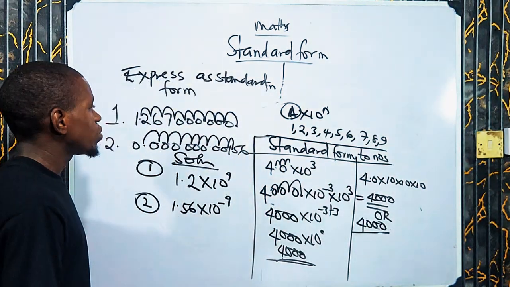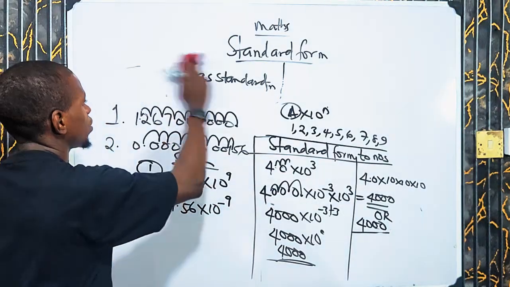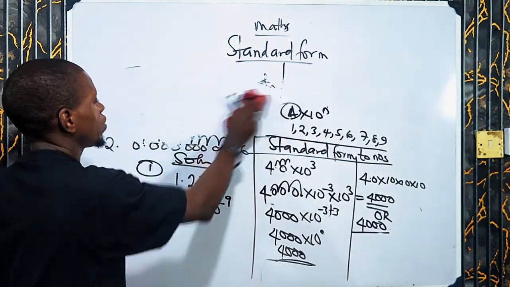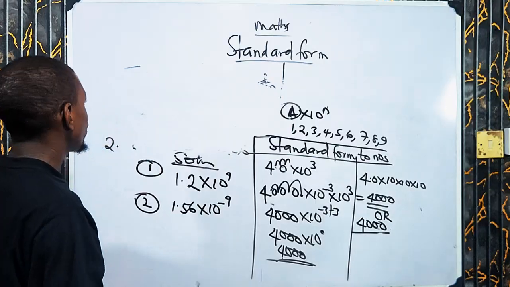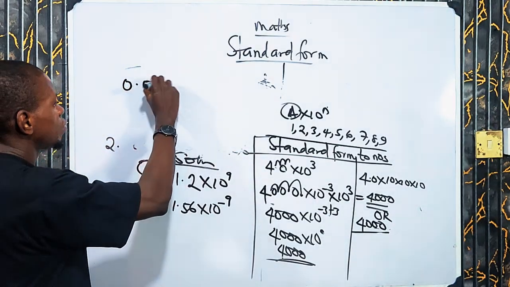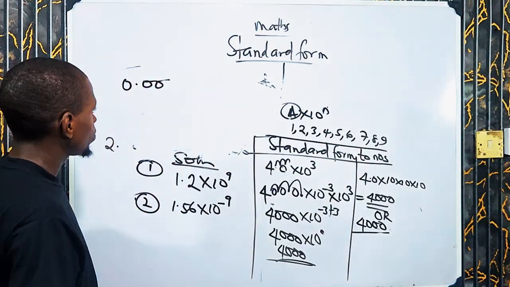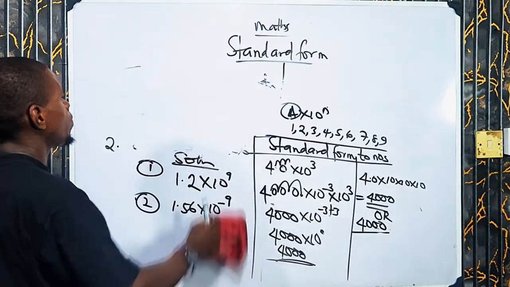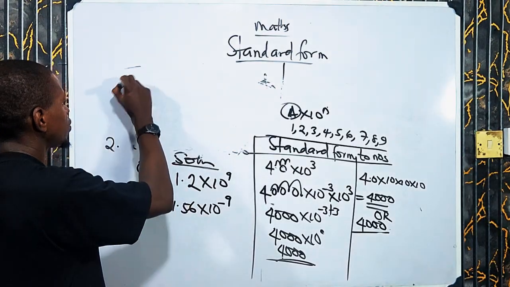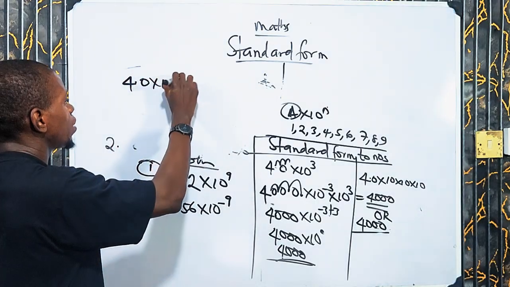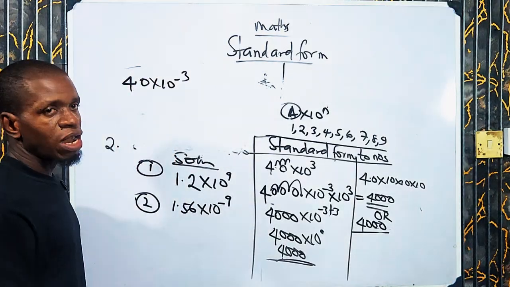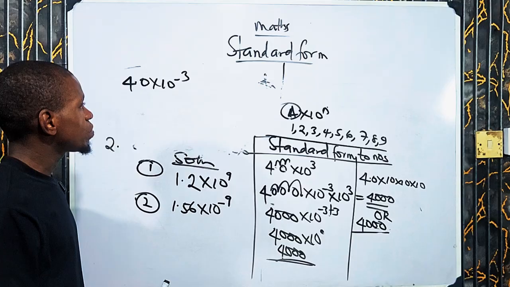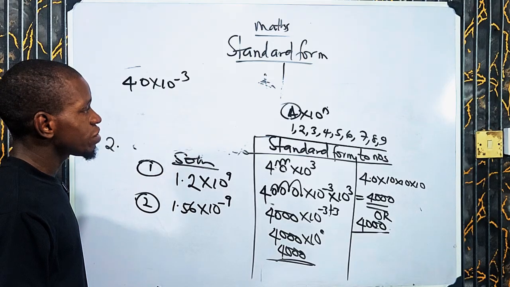All right. So now let's say we have something like 4.0 times 10 to the power minus 3. And I want to take it back to an ordinary number, not in standard form.